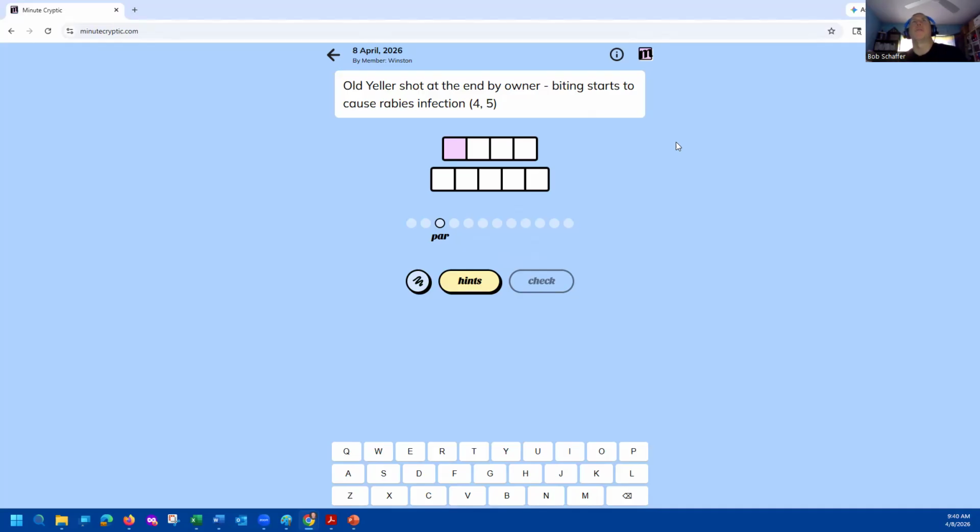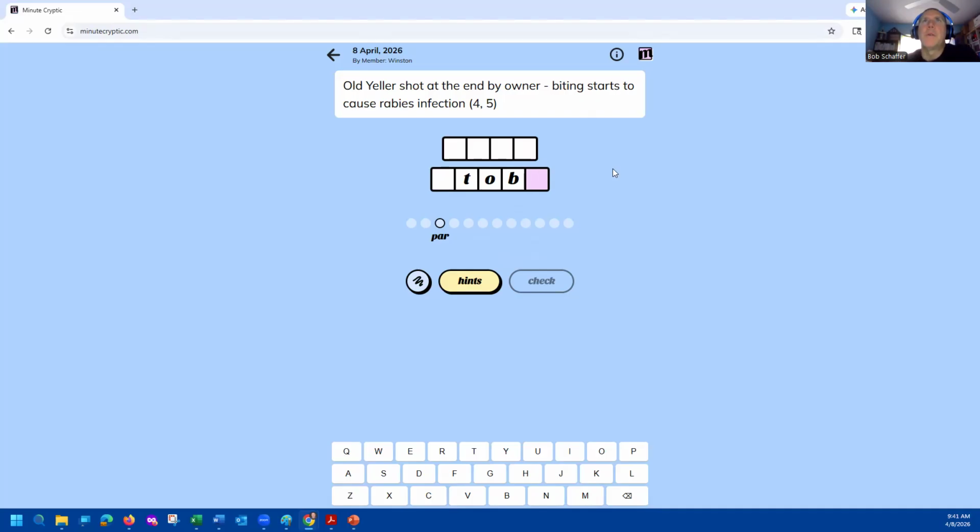There's just not enough letters for some of these things, but shot at the end by owner biting. It still got me to TOB, but it's probably somewhere else. Is it something like that? Something like that?